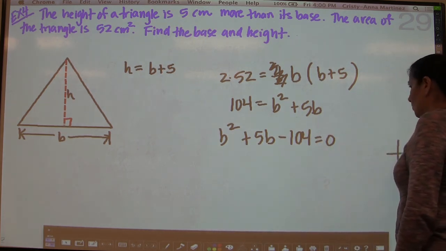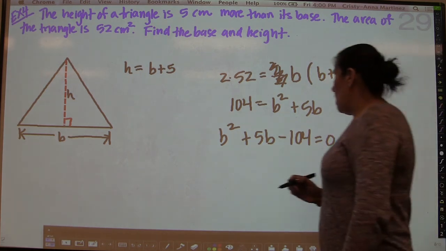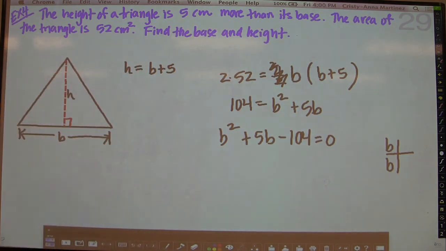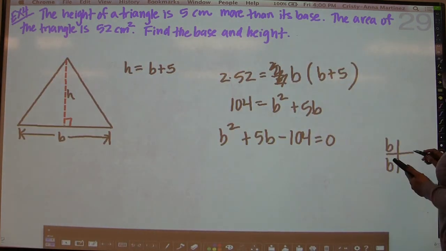I think it's factorable. So b and b times b is b squared. For 104, let's see what are some factors of 104. 104 divided by 8 is 13. Will that work? I think so. So I'm going to get 13 and 8. One of those numbers has to be negative.